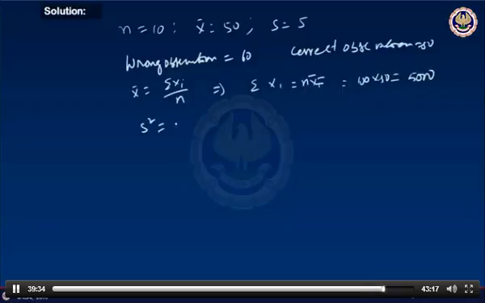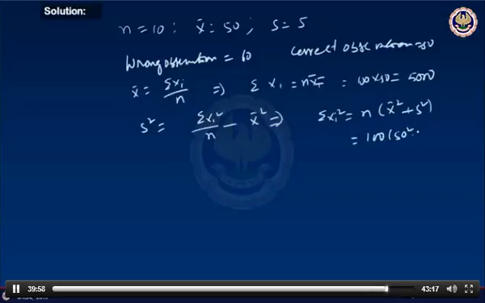And s square equals summation of xi square by n minus x bar whole square, and from this, summation of xi square equals n into x bar square plus s square, which is 100 into 50 square plus 5 square, which is 2,52,500.